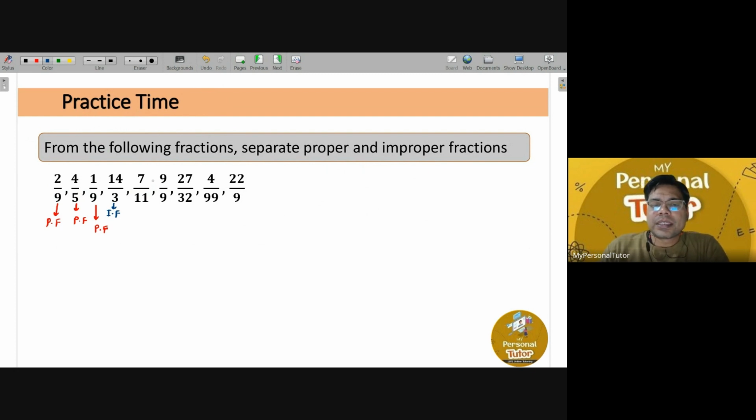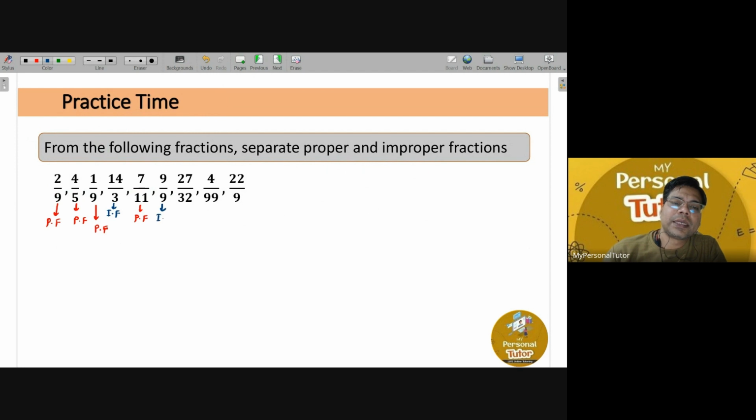So when you look at 7/11, here the numerator part, that is 7, is less than denominator part 11, and hence it is called a proper fraction, right? Now coming to the next one, this is the case where most of the students get confused. Okay. Always remember, whenever numerator and denominator both are same, that is called an improper fraction.